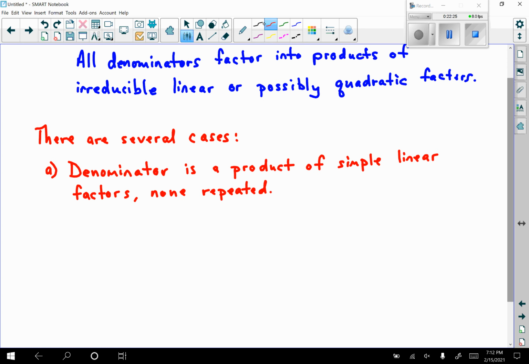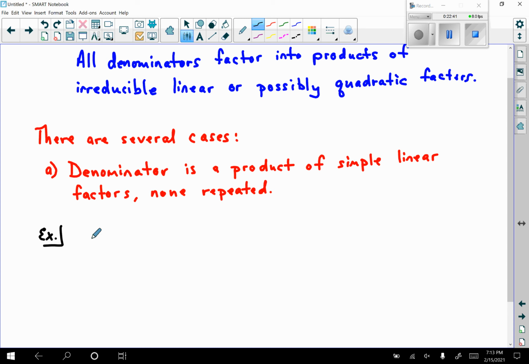So let's take a look at an example here. Now for this one, I'm just going to focus on decomposing the fractions. In our next part, the next case, we'll do that, but then we'll also tie it into an integral so you could see the full scope of the problem.